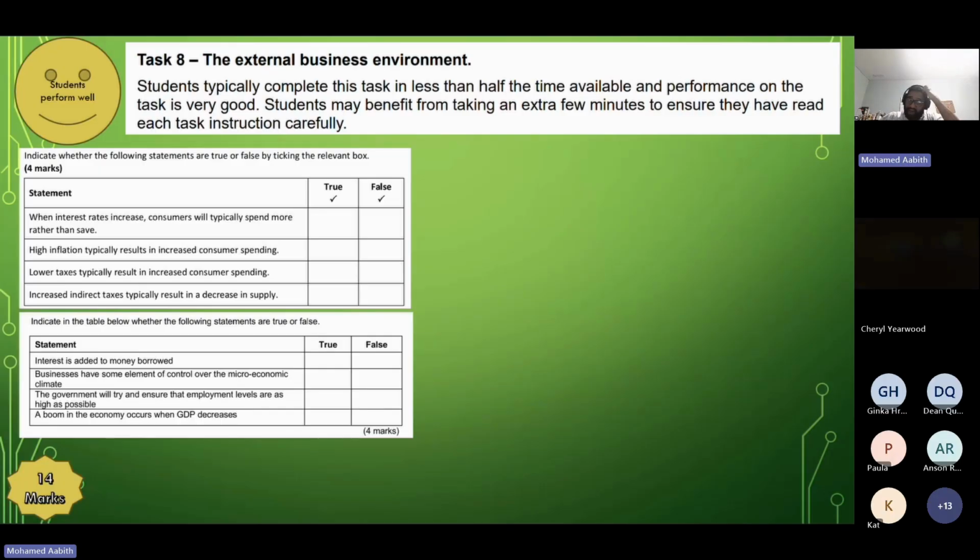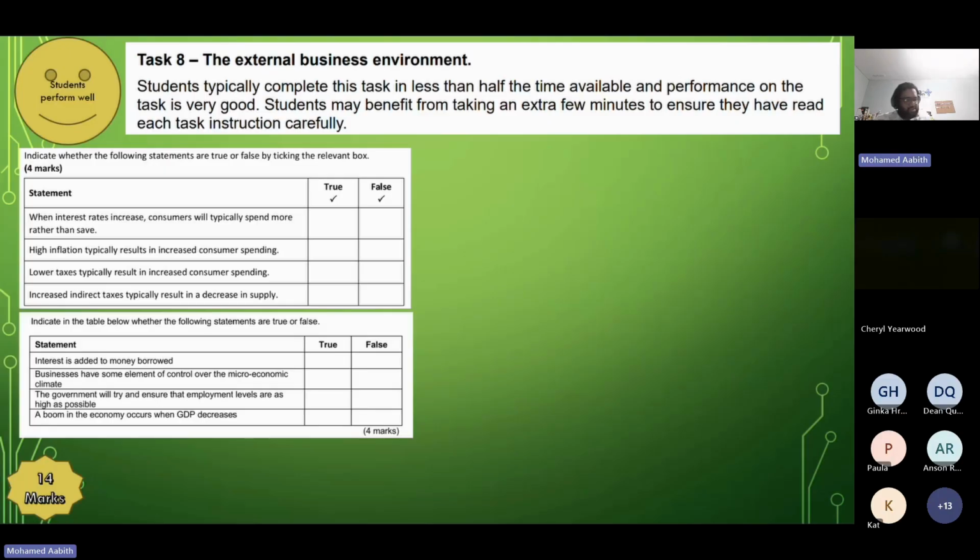So what is the meaning of indirect tax? Indirect tax is going to be VAT. So if they're saying the increasing of the VAT typically results in decrease in supply, no. Indirect tax won't affect your supply for any reason. Why? Because the VAT is going to be refundable for the suppliers anyway. So why would they be worrying about it? So that statement is wrong.